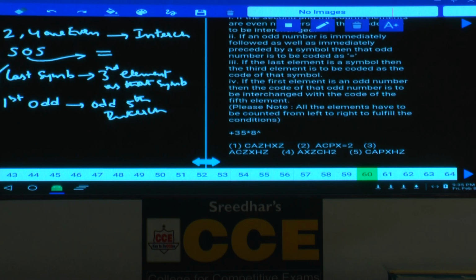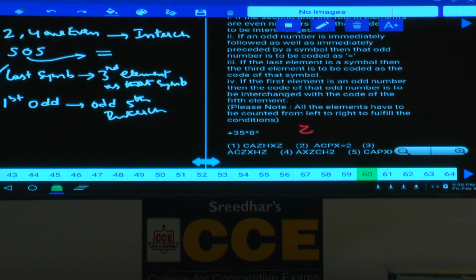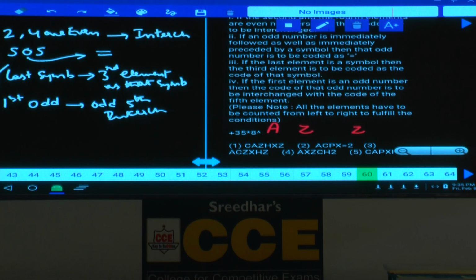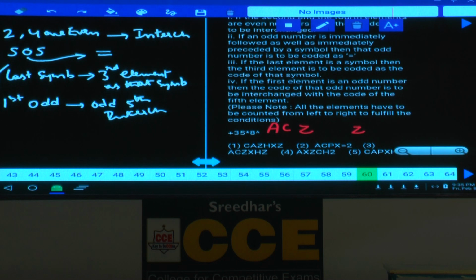Now the third one is Z, isn't it? And the last one is also Z. And the remaining must be taken according to the table. Plus stands for A, and the second element 3 stands for C, isn't it? A, C, Z, and the remaining.